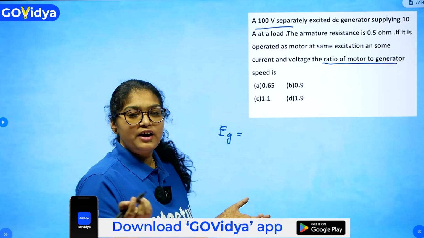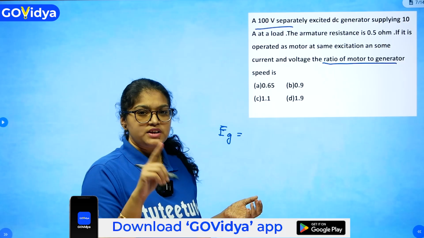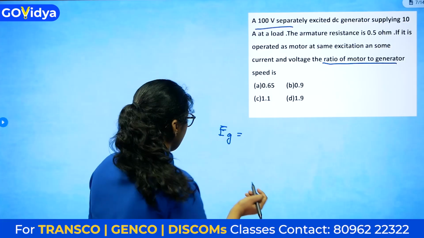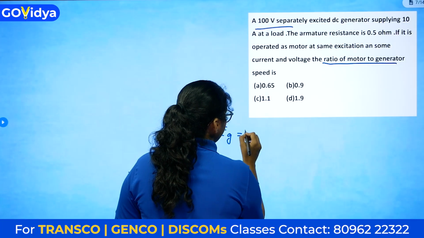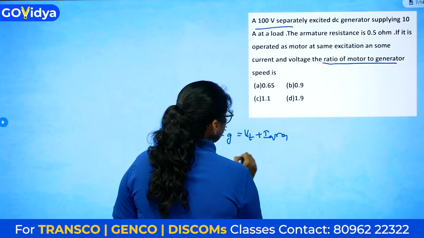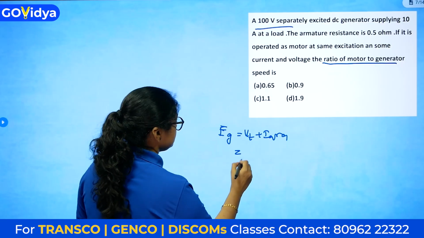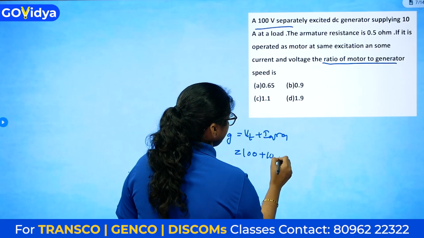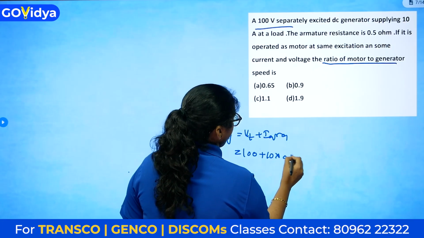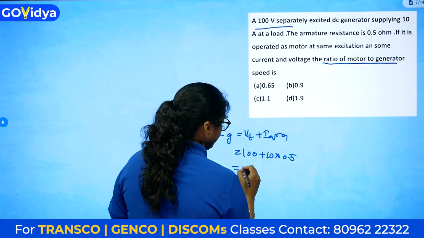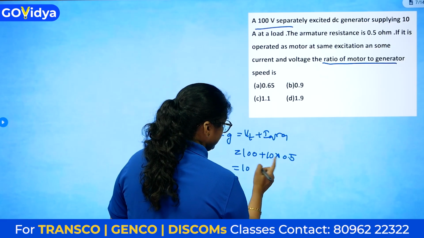That's all. We'll find the generated EMF of the generator and the back EMF of the motor and we'll do the ratio. So the generated EMF for the generator is VT plus IARA. So in the equation, VT is 100 plus 10 amperes, so 10 into 0.5, you will get around 105.